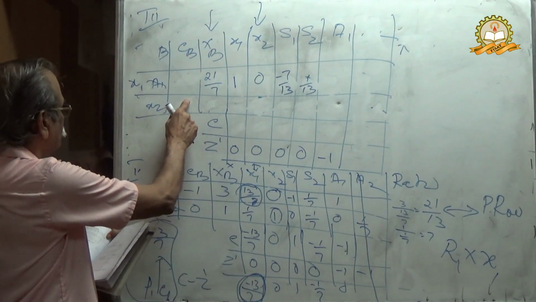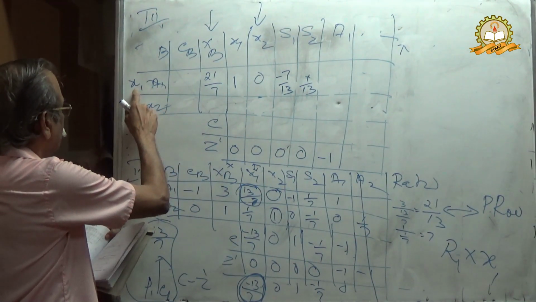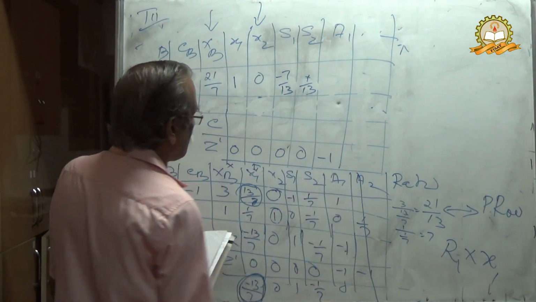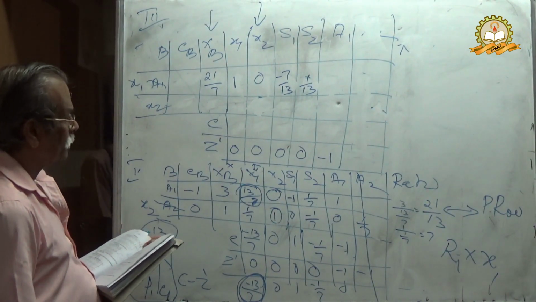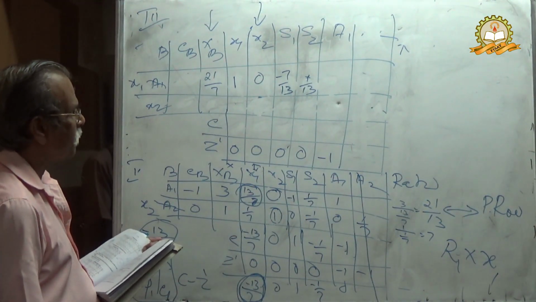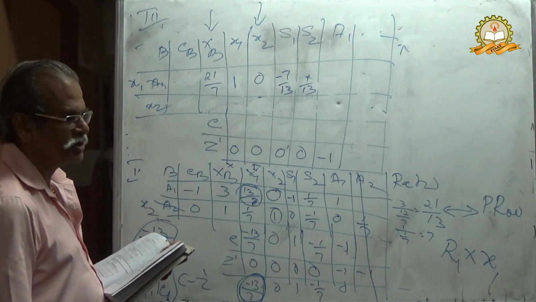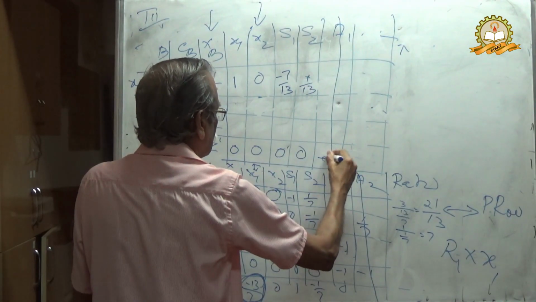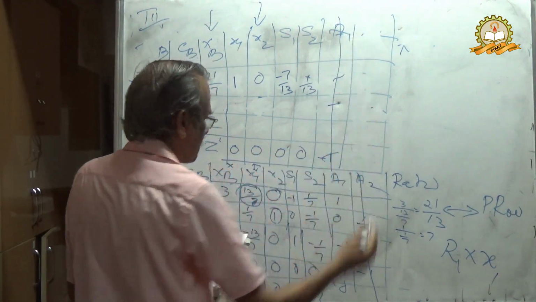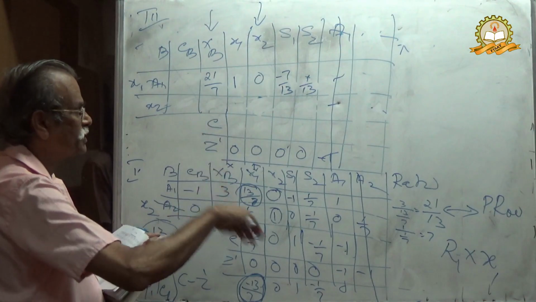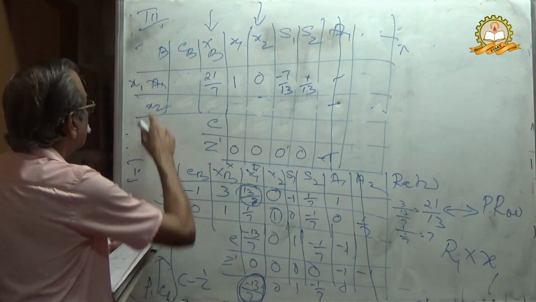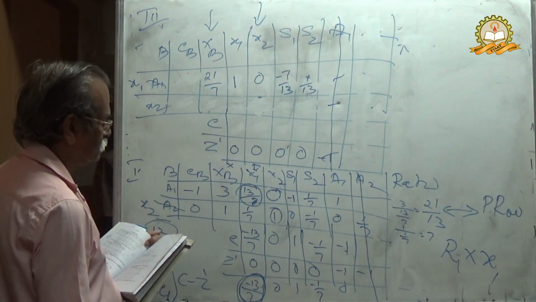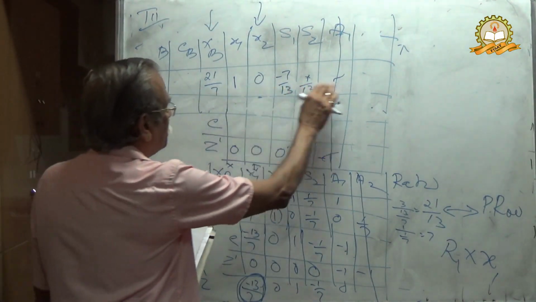Therefore, this is your third table. A1 cut away, x1, x2, and z equal to 0, 0, 0, minus 1. After interchanging, column A1 cancels away, because A1 and x1 are interchanged.